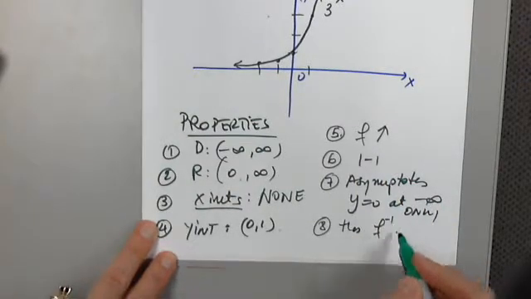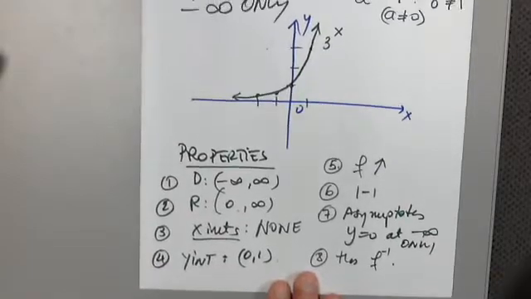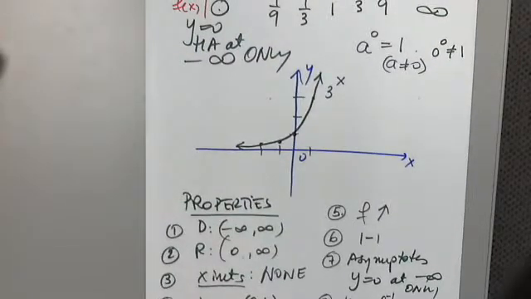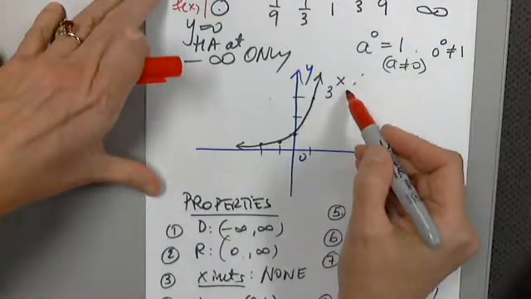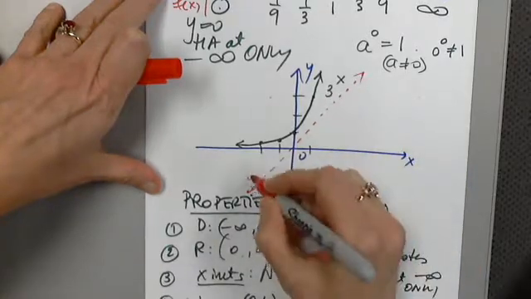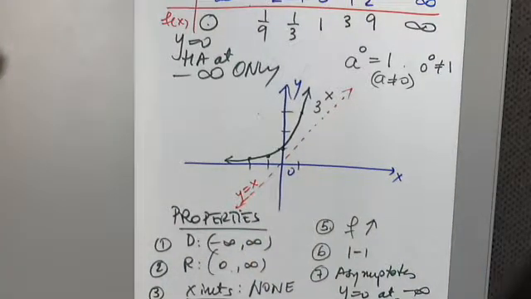It has an f inverse. We know nothing about f inverse, but I can graph it, and I know its domain and range. When I graph the function and the inverse on the same coordinate system, I always have to present the line y equals x.